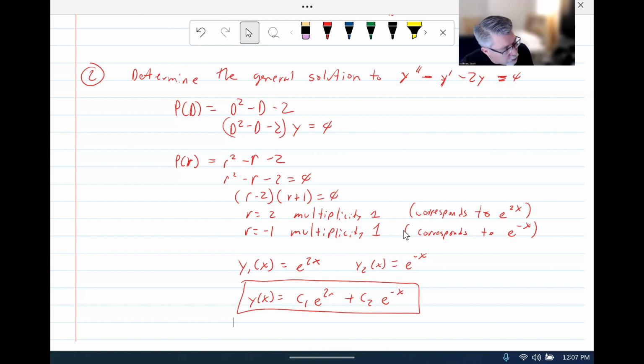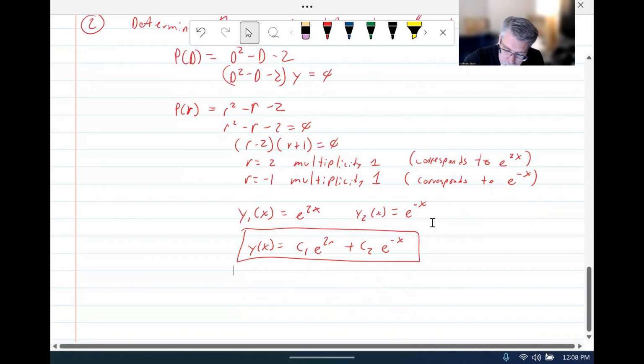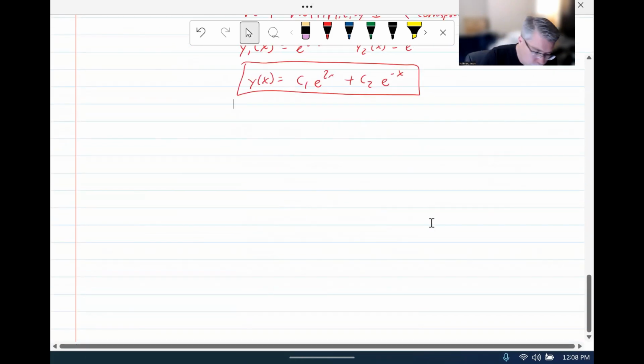Okay, let's do one where we actually do have a multiplicity. And how do we deal with that? Okay, number 3.